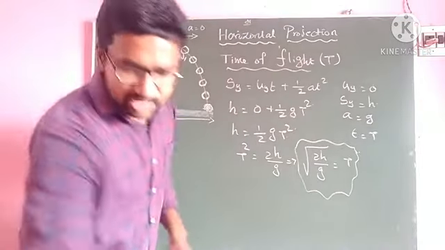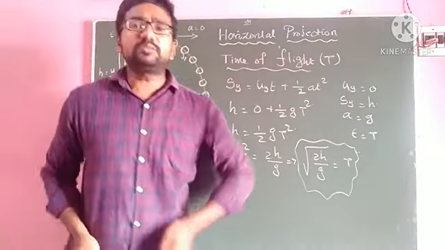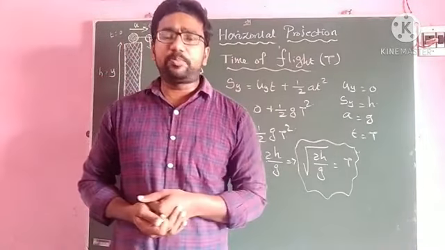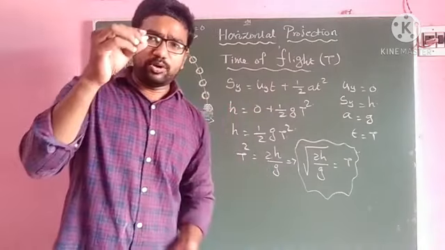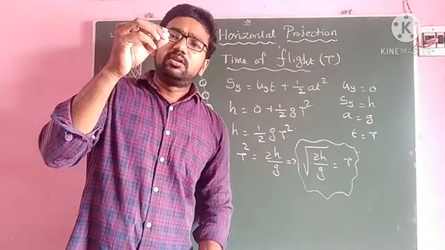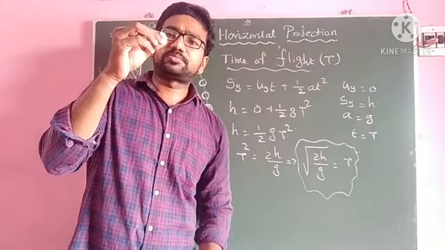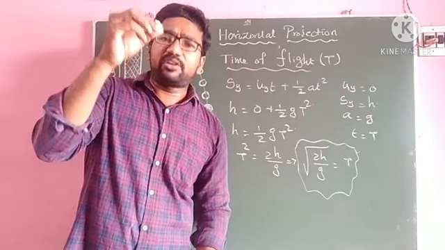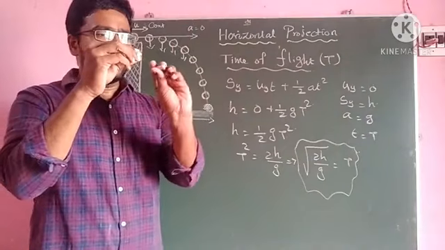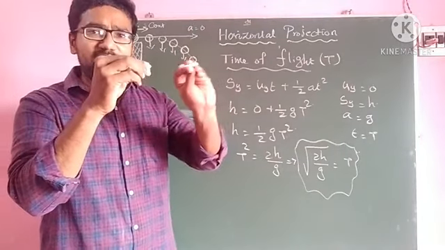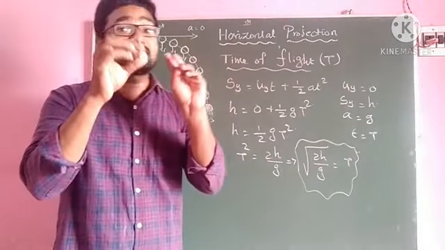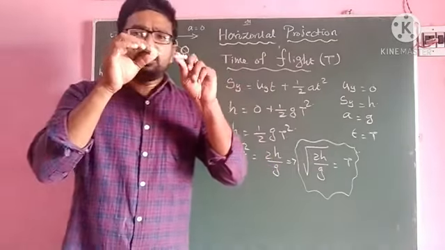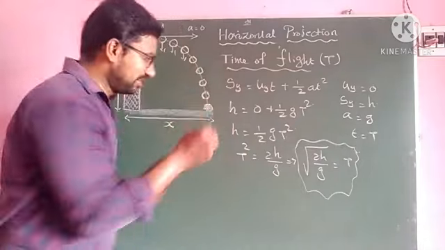That means, sir, if you try two different approaches. One is, I throw an object in the form of free fall, and the other is, I throw an object with an initial velocity in the horizontal direction at the same time, simultaneously.